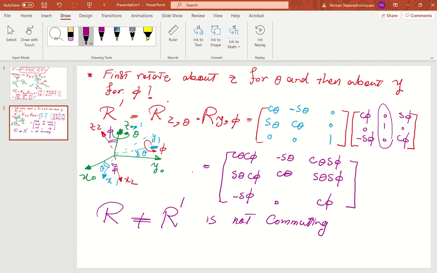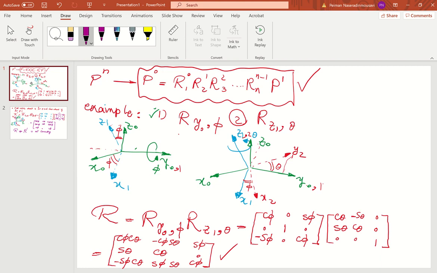So after learning that we are rotating around the current axis, these examples and this formula that we developed are for rotations around current axes. That's right.